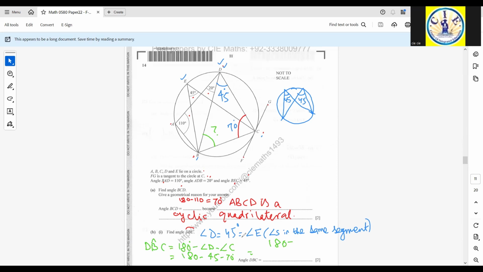That is 115. And then subtracting 115 from 180. That is 180 minus 115. 10 minus 5 is 5. 7 minus 1 is 6. 65. So this is 65. Angle DBC.